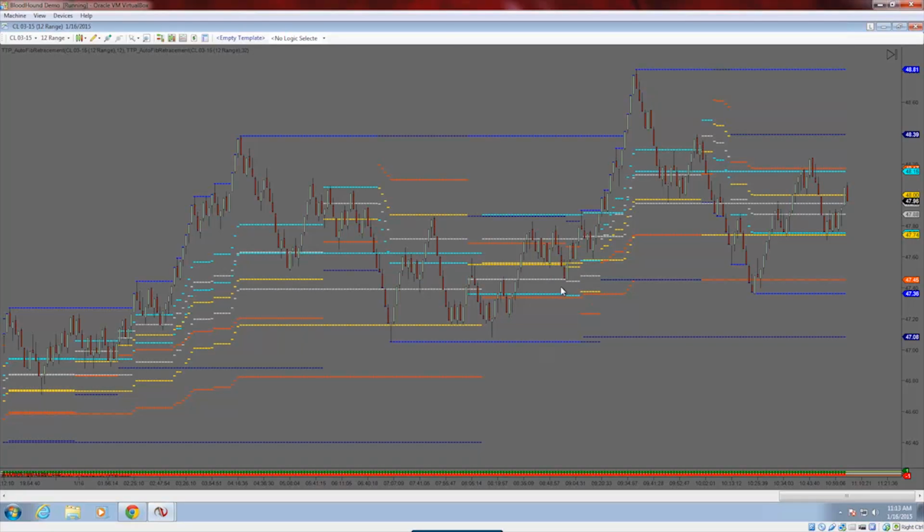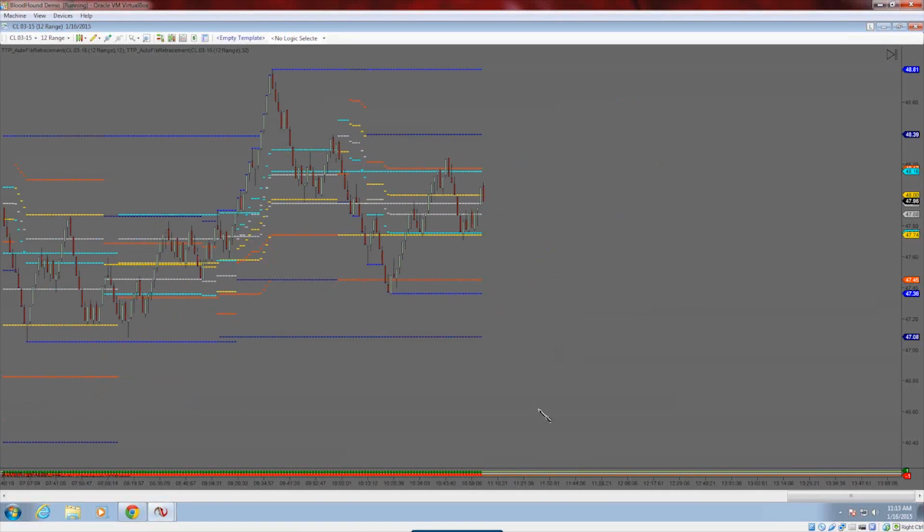So if you're looking for confluence zones, let's say the market is going up, you've got an initial swing high, let's say it goes up to here. And then you've got wave 2 coming down, then wave 3, and then wave 4.